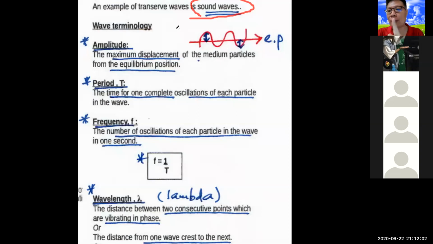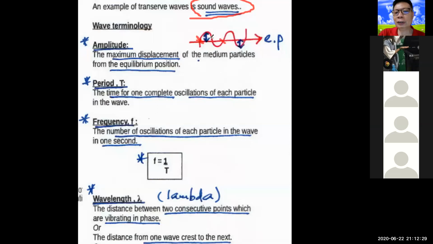It starts from here, goes up, goes down, goes up, goes back to the same position. So it started at this position, goes up, goes down, goes back to the same position. This is one complete oscillation, one up, one down. That is considered one complete oscillation.